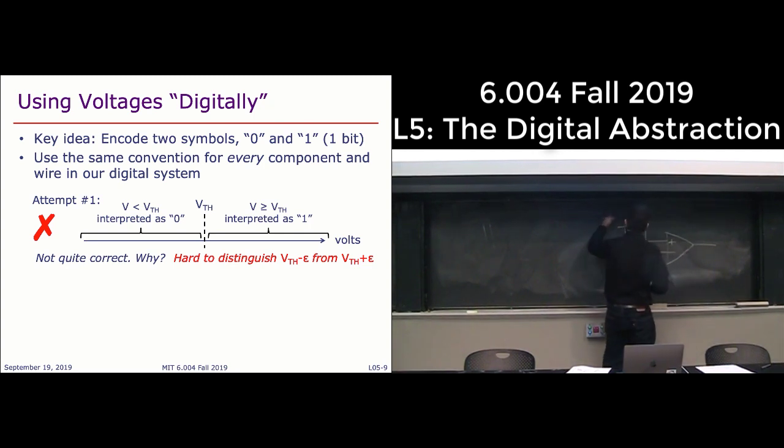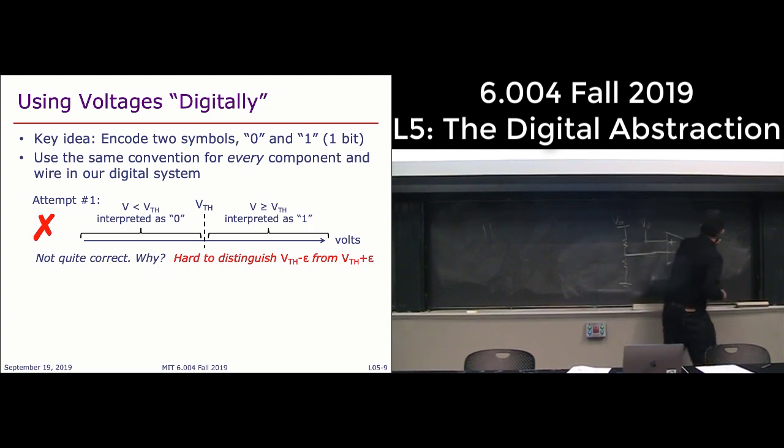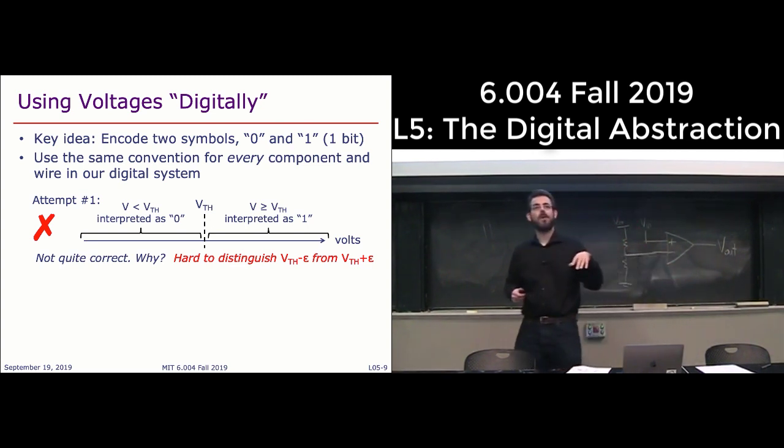Right, so let's say that we want to just build some very, very simple digital device that just propagates whatever input signal you give it. So this is the input voltage, and you are producing V out, which hopefully is a digital 1 if the input is a digital 1, a digital 0 if the input is a digital 0.